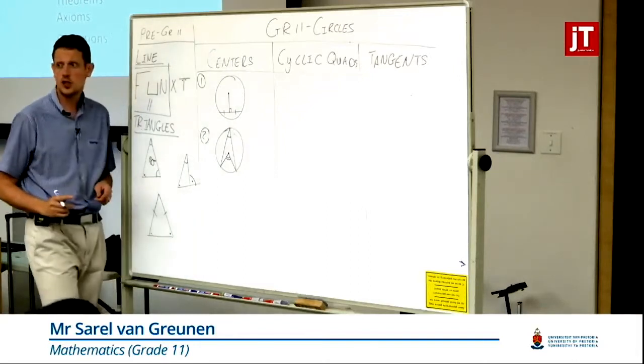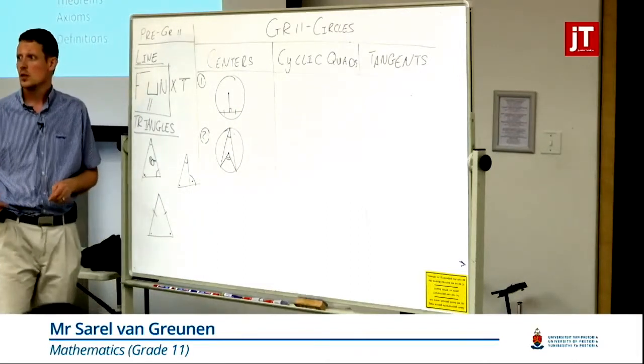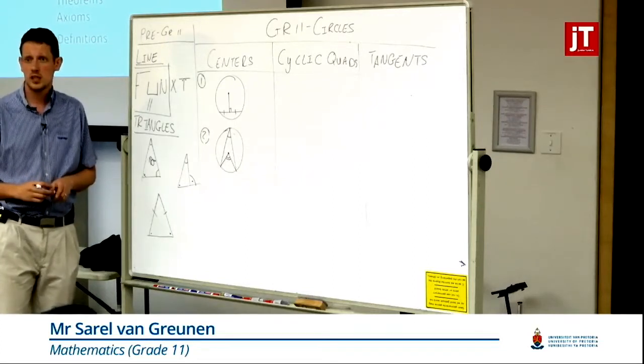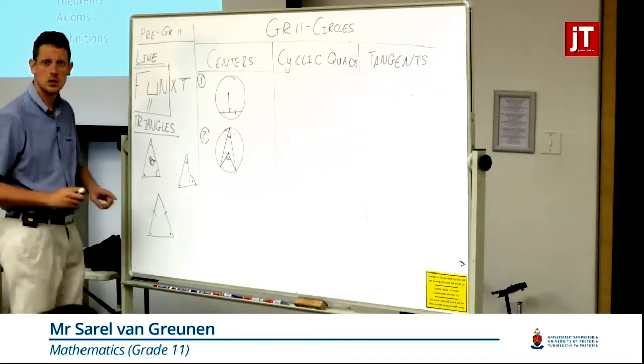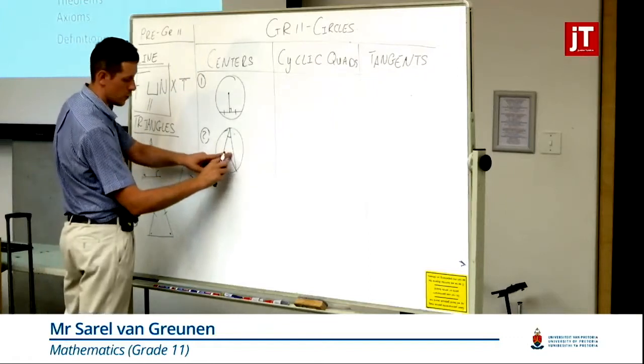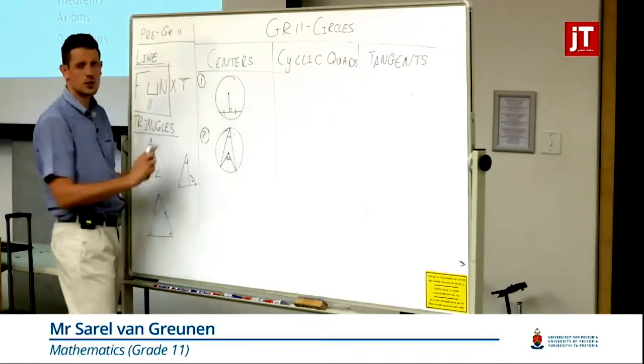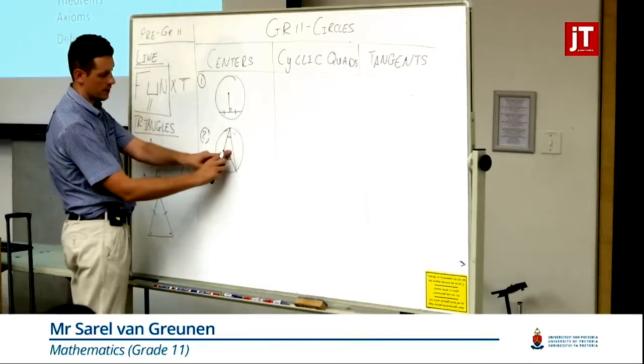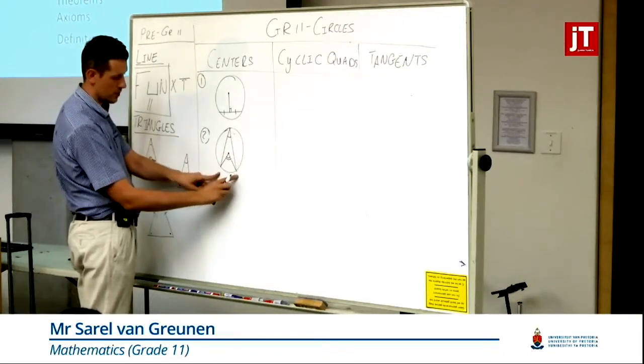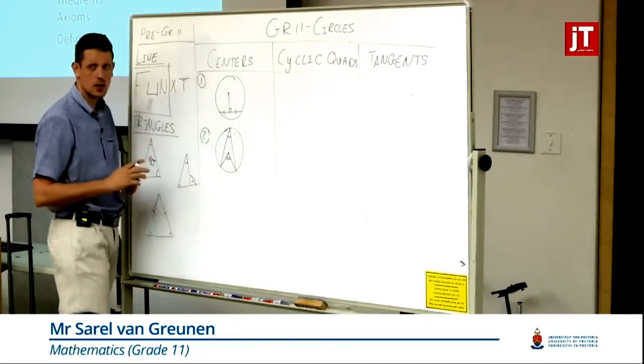Now, I encourage you to use your fingers, even though you might feel like an idiot. You'll be the idiot getting it right. From the center, form that angle, bring it together. From the center, form the angle, bring it together.